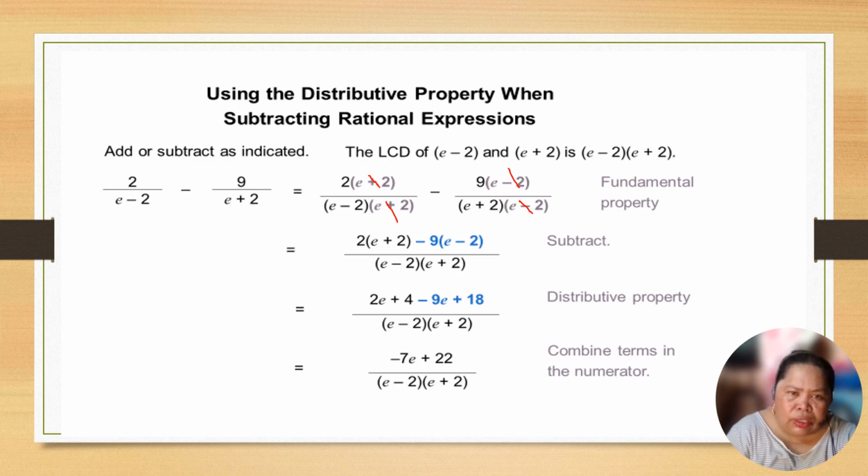So 2 times a plus 2 minus 6 times a minus 2. Then the distributive property: 2a plus 4 minus 6a plus 12. Negative times negative is positive. Then we factor the denominator. So 4 plus 12 is 16, and 2a minus 6a is negative 4a. And then just copy the denominator. Okay, so that's it.